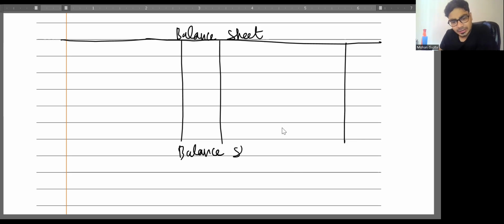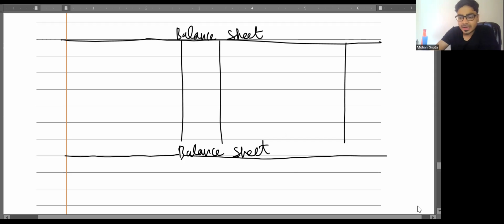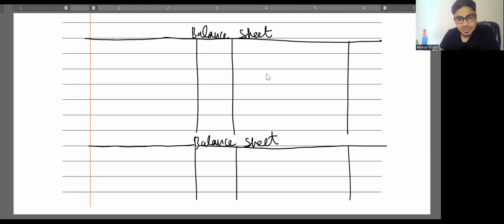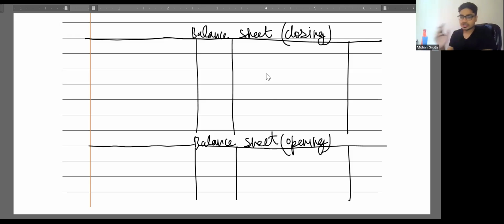We need to prepare two balance sheets: one is the closing balance sheet and the other is the opening balance sheet. The opening balance sheet means the balance sheet at last year's end, and the closing balance sheet means the balance sheet of this year.